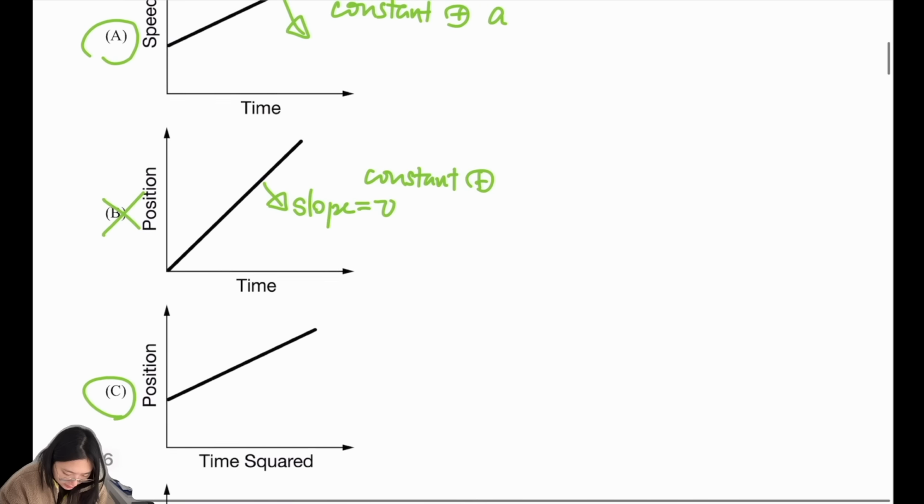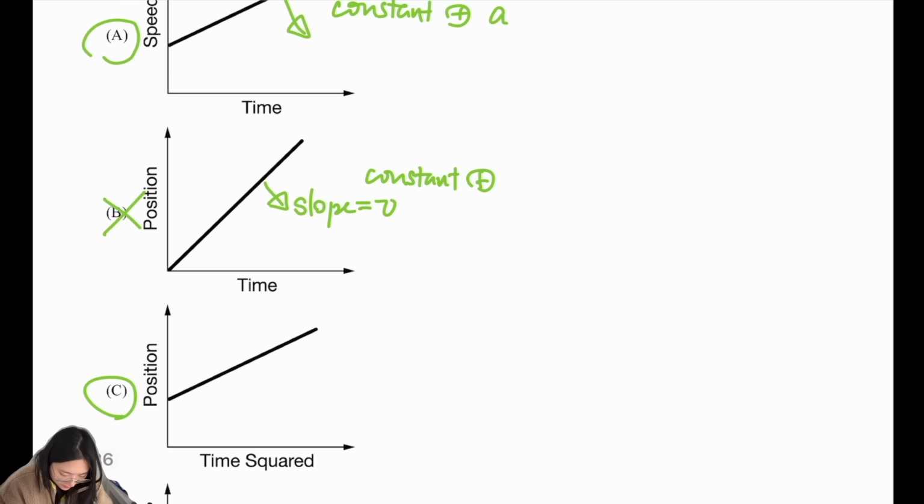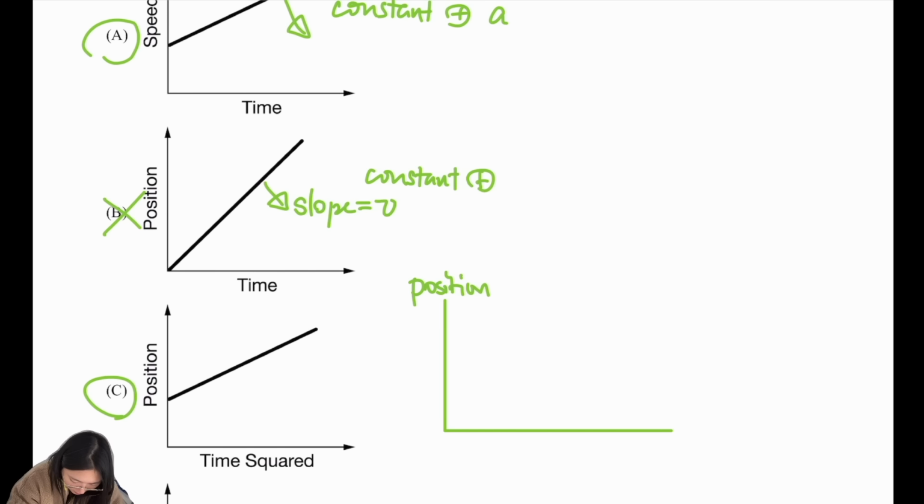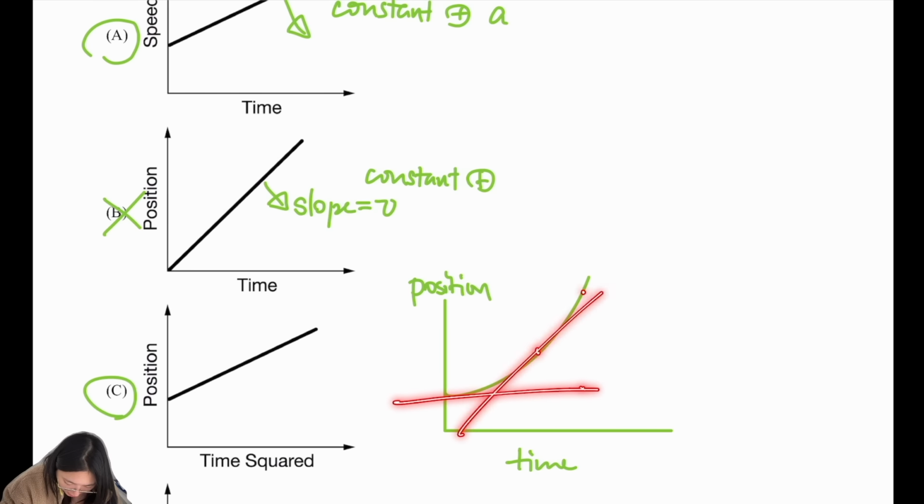So the right answer is A and C. For the position versus time squared graph, if I convert it into the regular position versus time graph, then it's going to be a curved line. So it has tangent lines of different slopes at different times, which means the velocity is constantly changing.